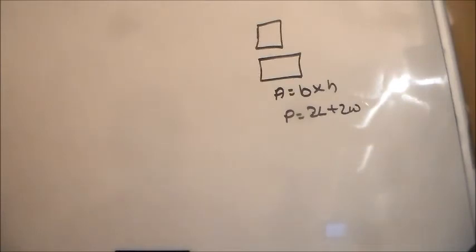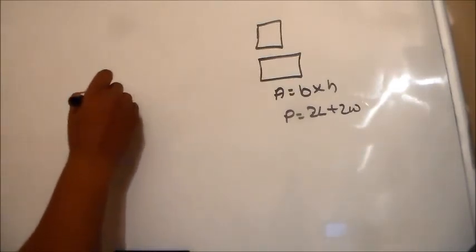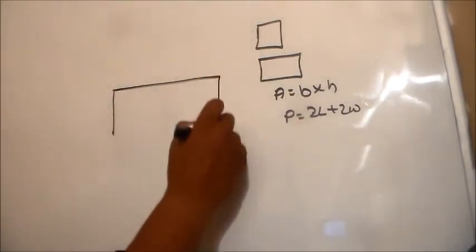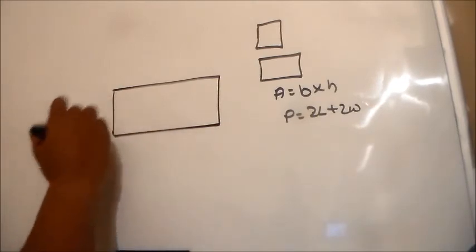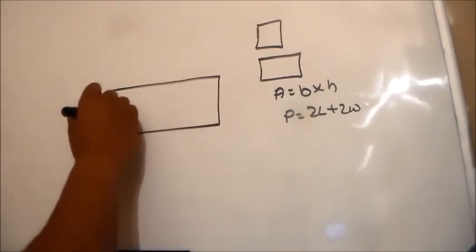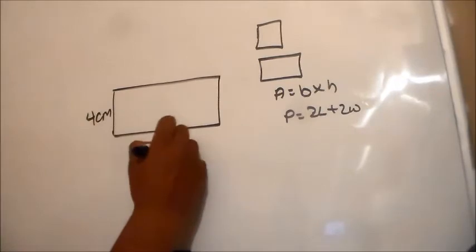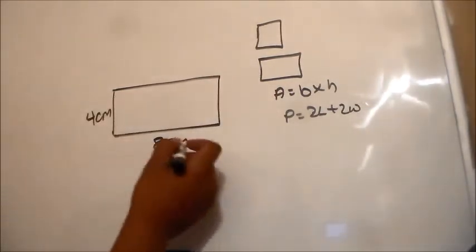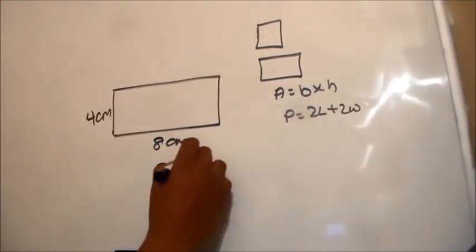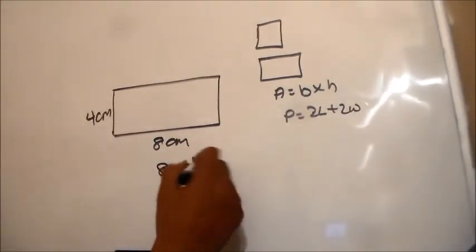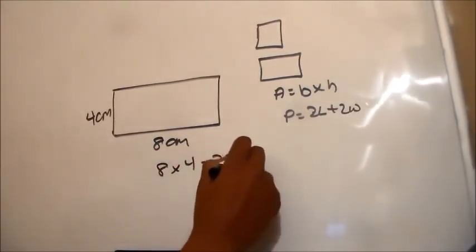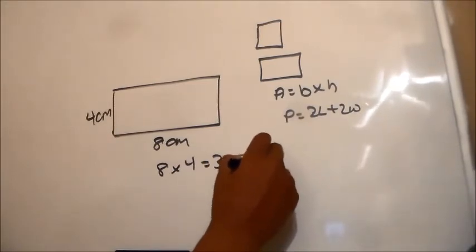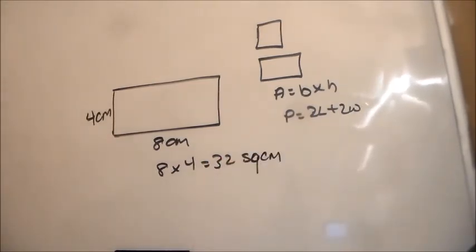Let's say we take a rectangle. Sorry, use the proper terminology. 4 centimeters, 8 centimeters. Again, base times height. Base is 8, height is 4. 32 square centimeters.